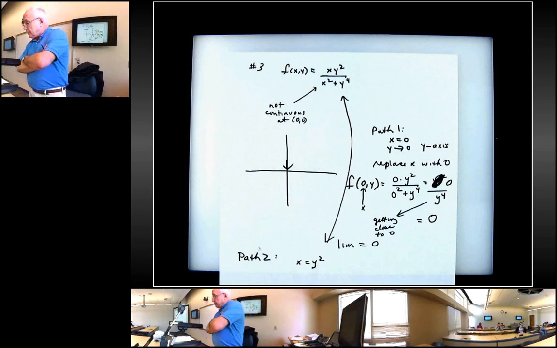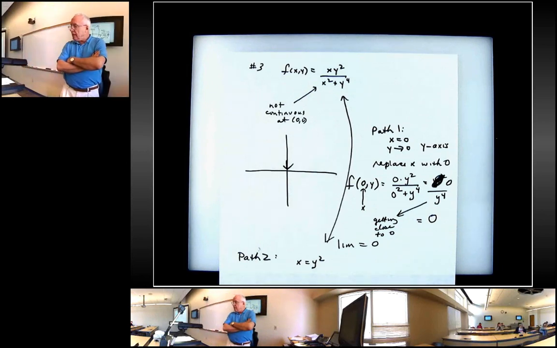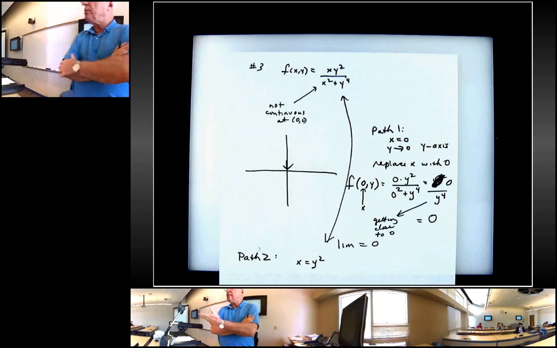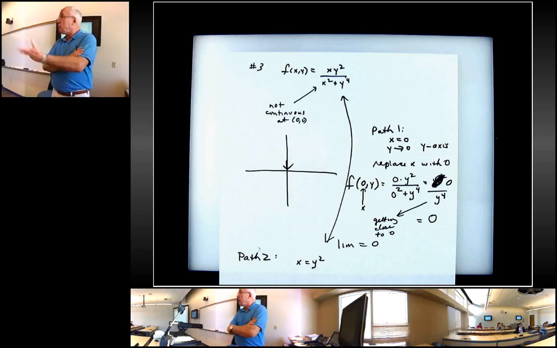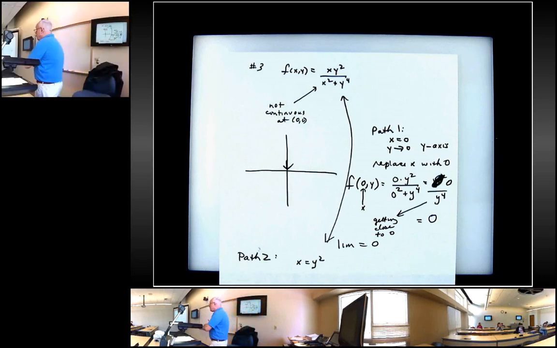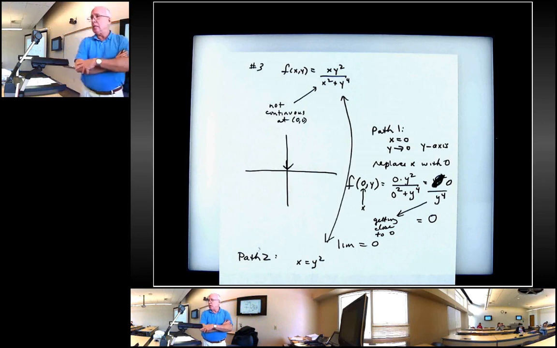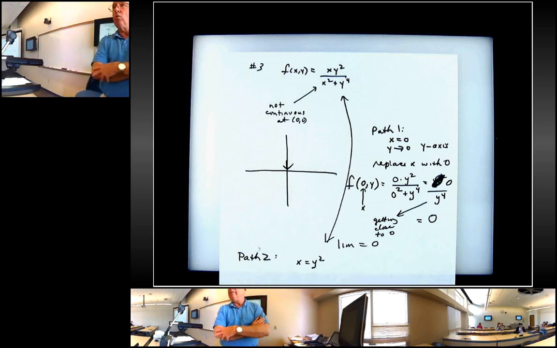In the denominator, if you square the x, and x is replaced by y squared, then you get y to the 4th, and we also have a y to the 4th in the denominator. So things will be able to cancel out to a different number. It's a matter of being able to eyeball something like that, and that's the whole key to it.